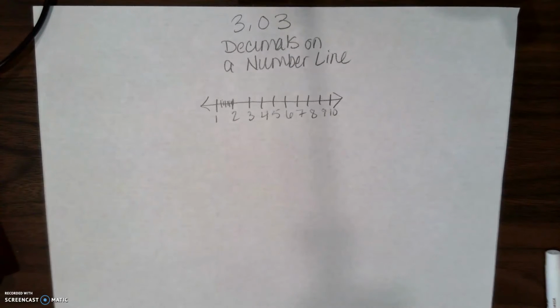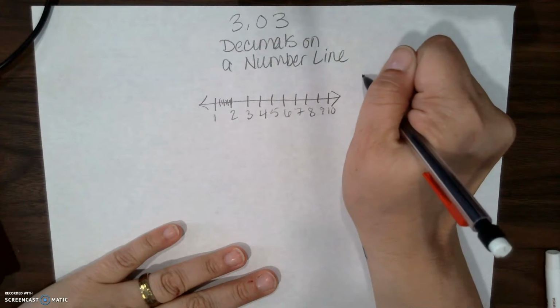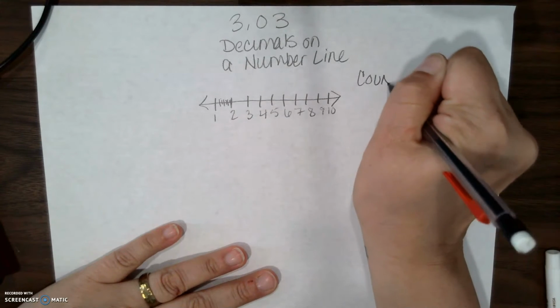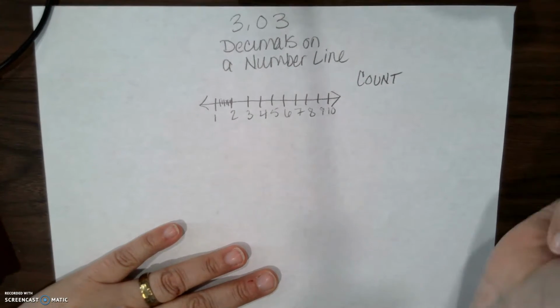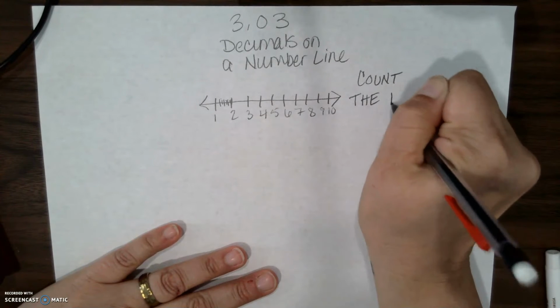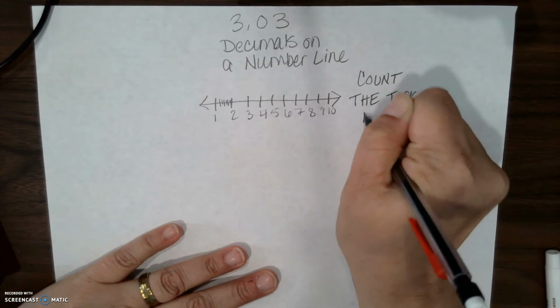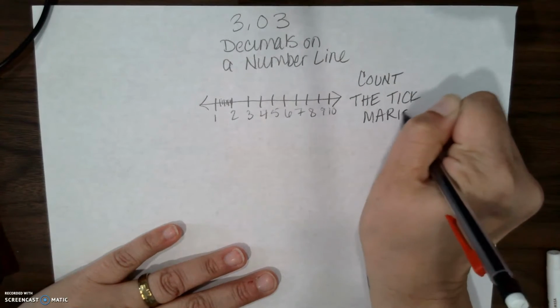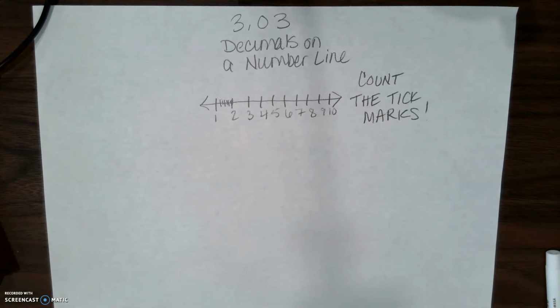The big thing that I want you to take away from this little lesson, the very first step in how we are going to do this, are 4 words. Count the tick marks. Yes, 4 words that are going to help you get through this lesson. So let's jump into it right now.